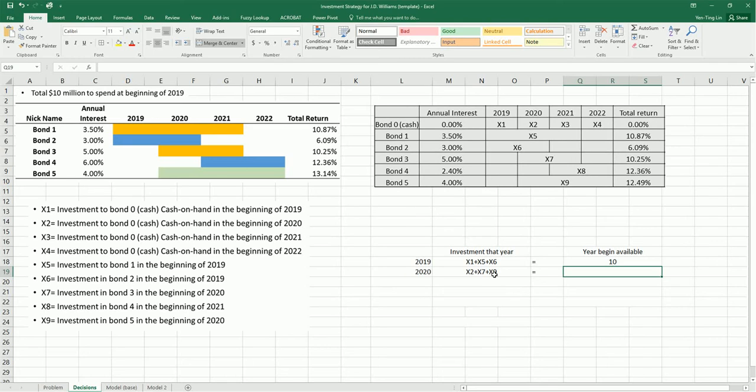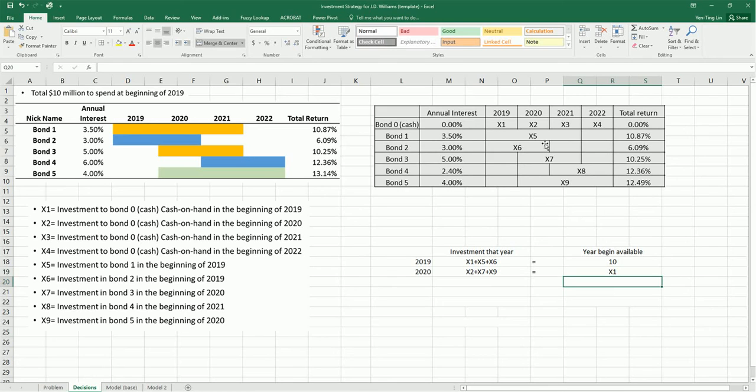So what are the sources of funds at the beginning of 2020? Let's see what bonds are mature at the end of 2019. In this case, we have cash, which is X1. The amount X1 will be available to invest at the beginning of 2020. Is there anything else? Well, no. Bond 1, if you have any investment in it, won't be available in 2020. Bond 2 as well. Bonds 3, 4, 5 haven't happened yet.